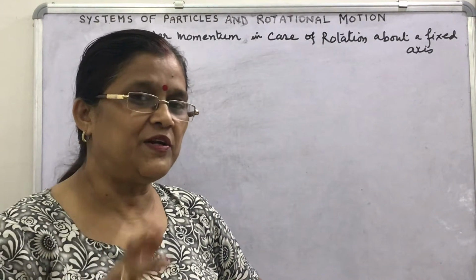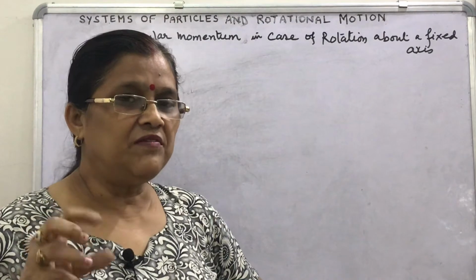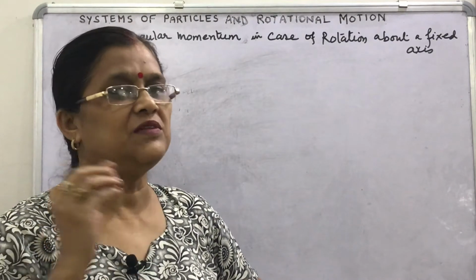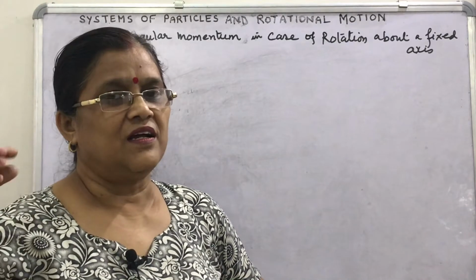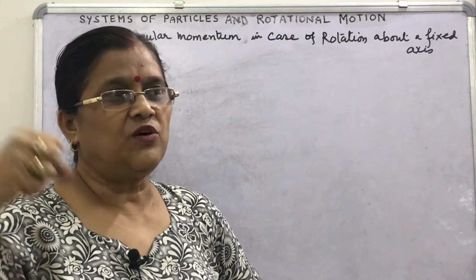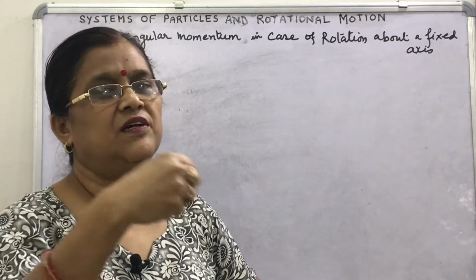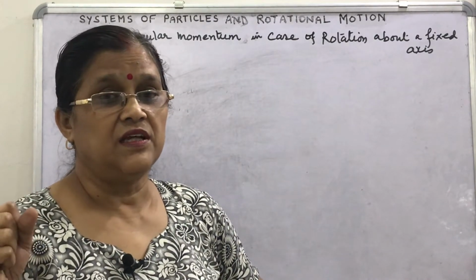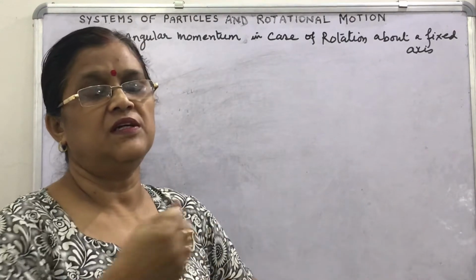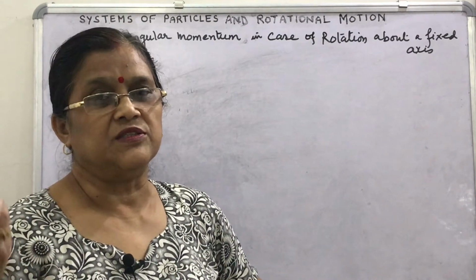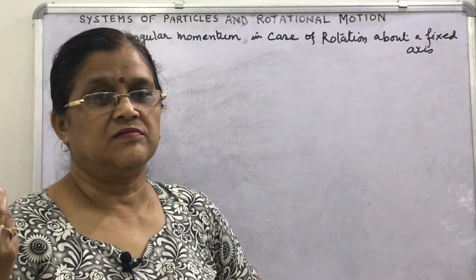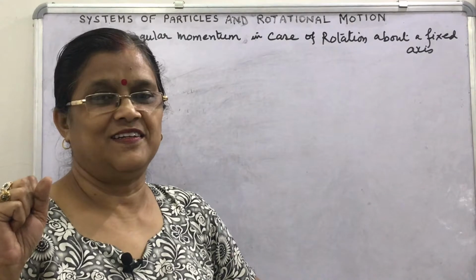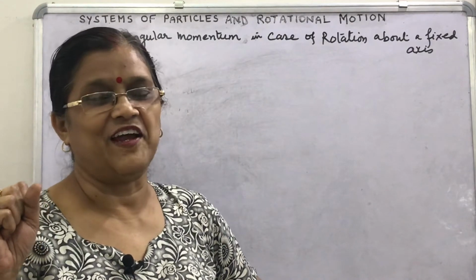Also in planetary motion, as the earth revolves around the sun, it is taught that whenever the earth is nearer to the sun, its angular speed increases, and when it is away from the sun, its angular speed decreases. Why? To know these answers, stay connected till the end of the video.